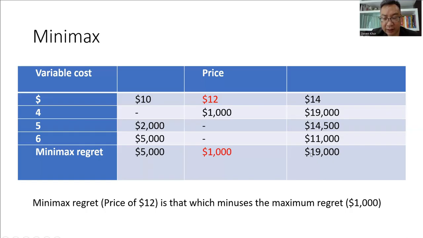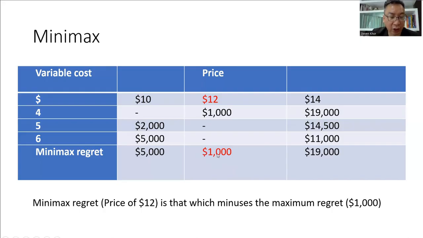So you can see that 19,000 is basically your opportunity cost if you set at 14. Then you will likely incur this regret or failing here of 19,000. So under this rule, definitely you want to minimize the regret, right? So the figure that you choose definitely is the lowest one. Okay, so you only let go 1,000.